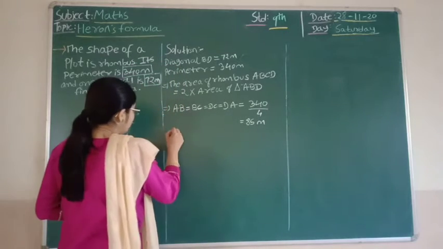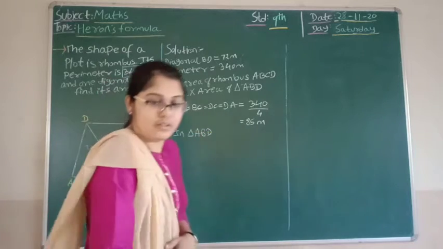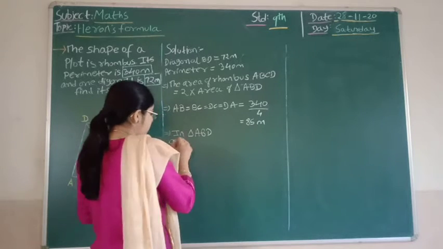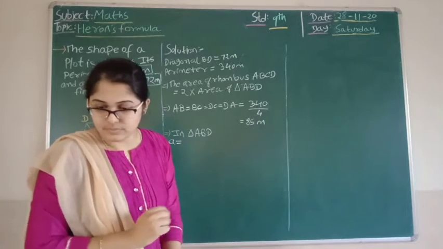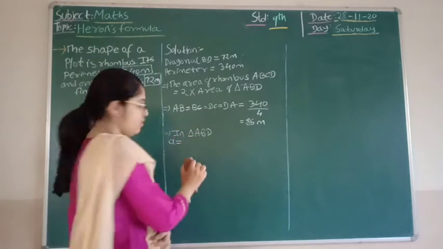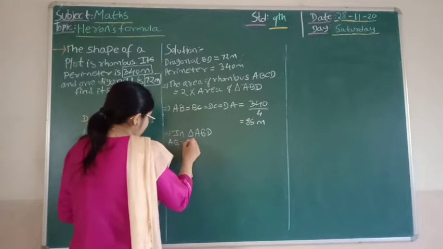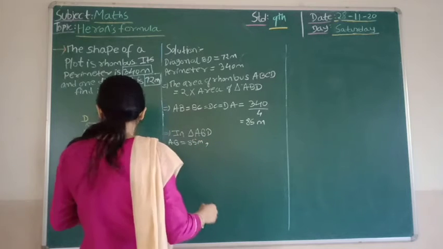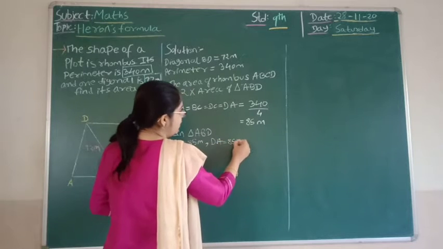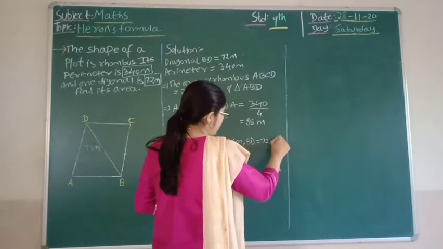So now we have the sides AD and AB equal to 85 meter. In triangle ABD, AB equals 85, along with DA equals 85 meter, and at the end BD equals 72 meter.